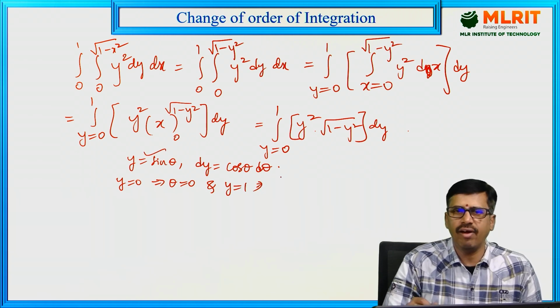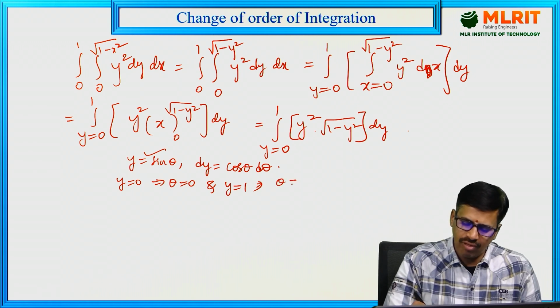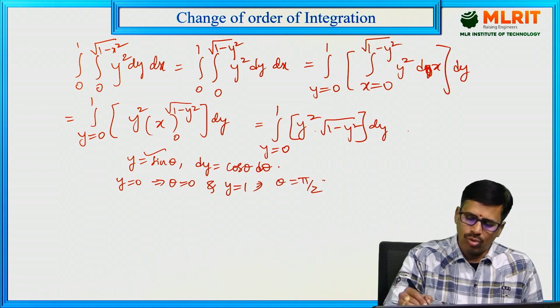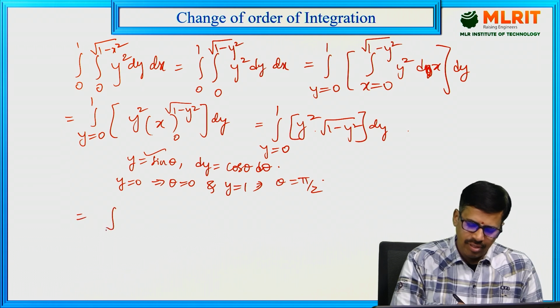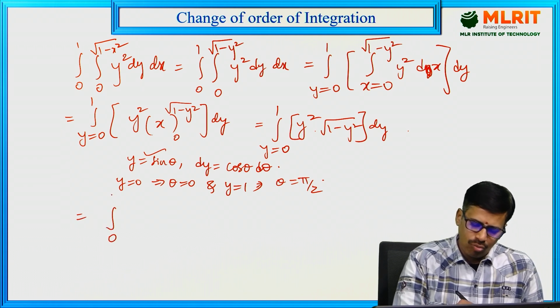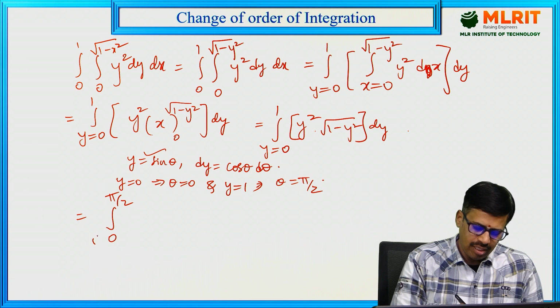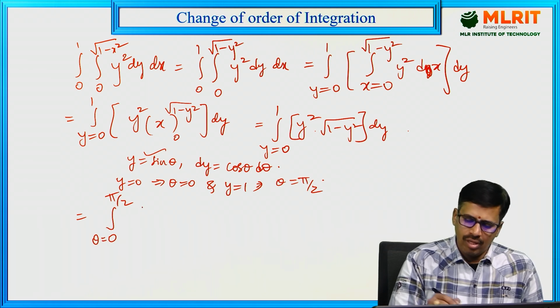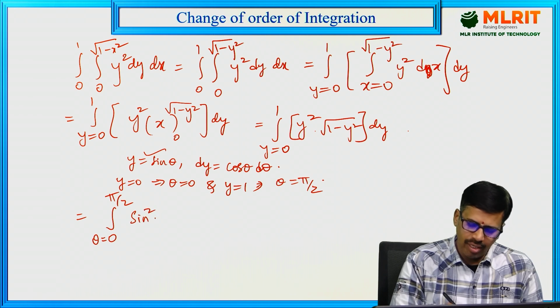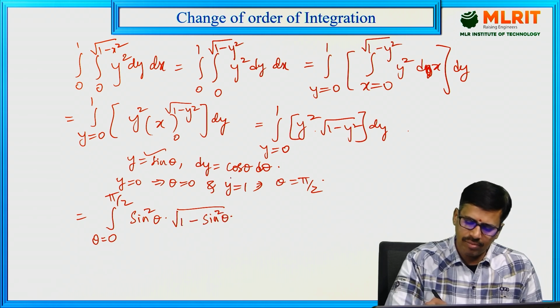So sin theta value will be 1 if theta is equal to pi by 2. So this integral can be written as theta equal to 0 to pi by 2. These are the values of theta, right? Y square means sin square theta, under root of 1 minus y square means under root of 1 minus sin square theta, dy means cos theta d theta.